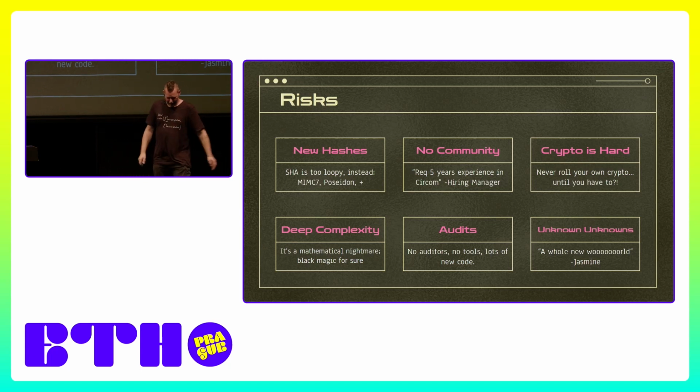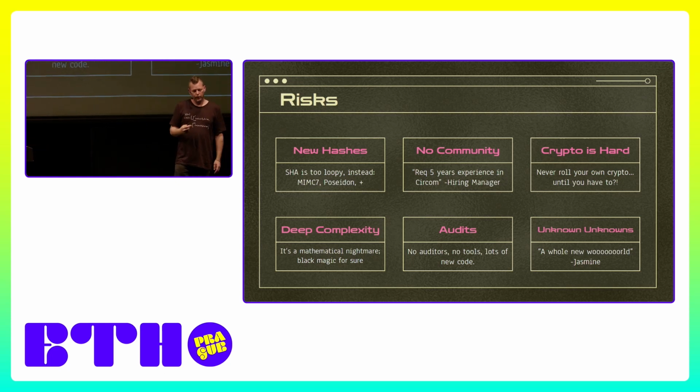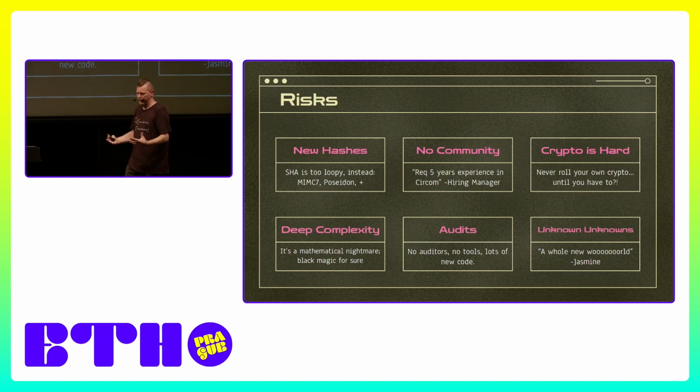Yeah, exactly. OK, so risks. SHA-256, Keccak, whatever you want to call it, is too loopy, like I said there, but basically it's too complex to work into a circuit and then have like 10,000 of them in that circuit. The complexity just goes up and up and up, and the compute goes up and up and up. However, there are a number of newer hashes that are ZK friendly.